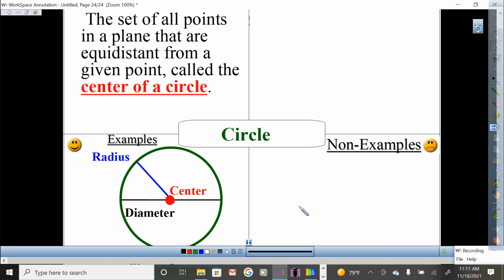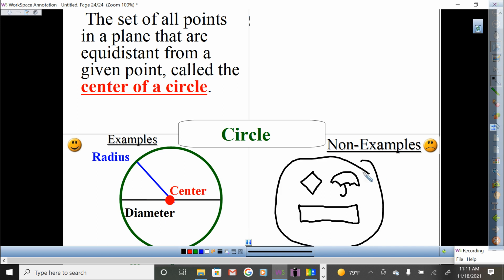Rectangle? Okay, a rectangle. Lois, another example. Rhombus, okay. Carlos? Umbrella. An umbrella, okay. All right, good. Write that in there, please.